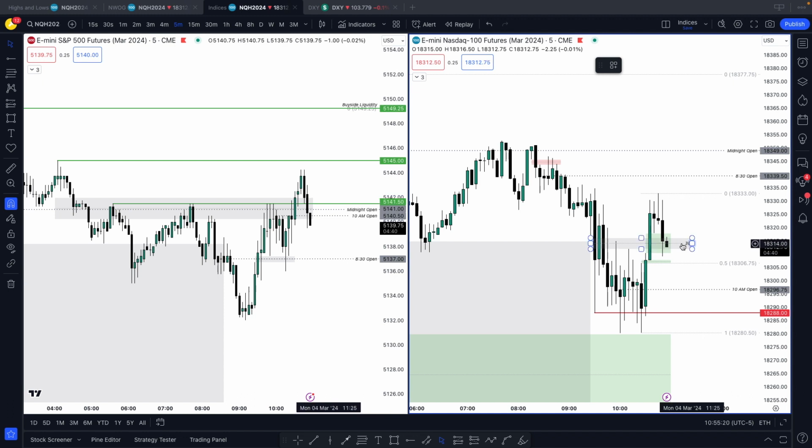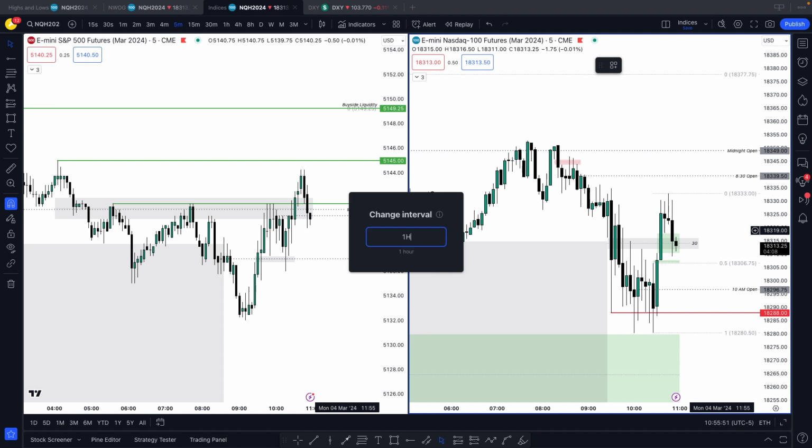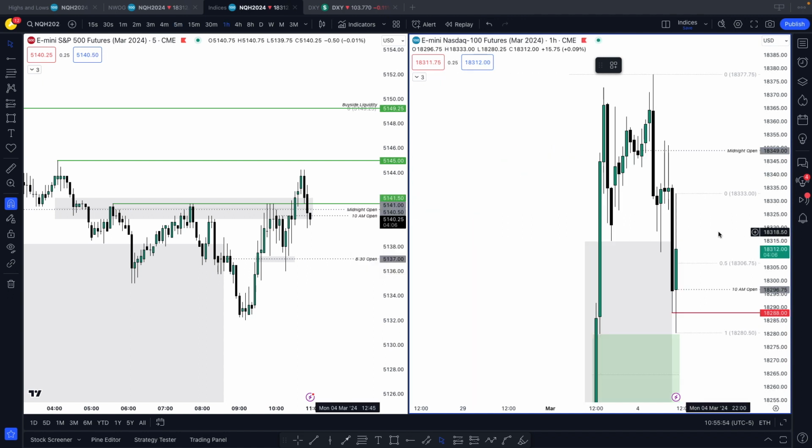Still respecting the consequent encroachment of it on candle closure, but we'll want to see where this candle closes here on the 5-minute. Still have yet to trade through the opening price of this down close candle here.